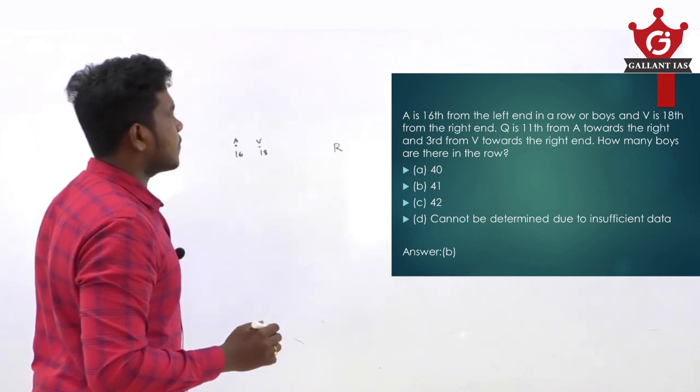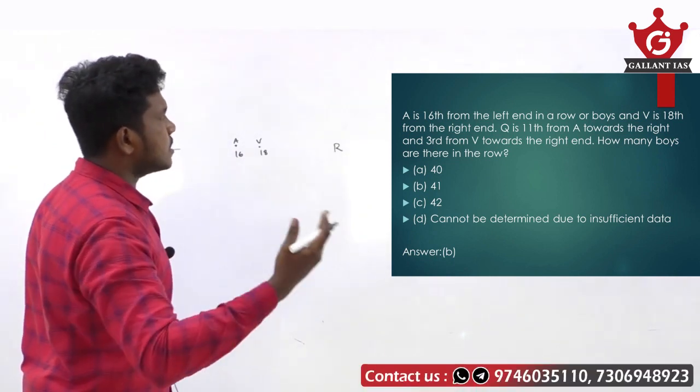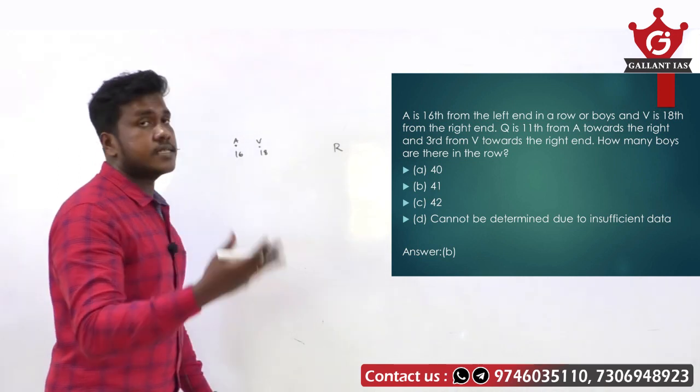Q is 11th from A towards the right and third from B towards the right end.